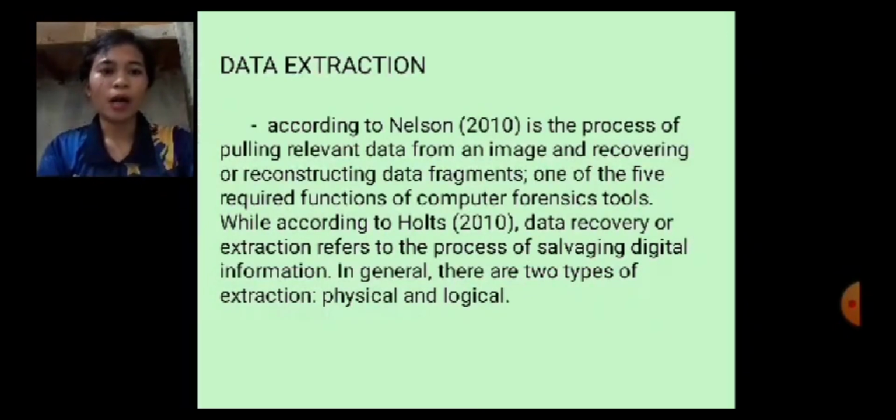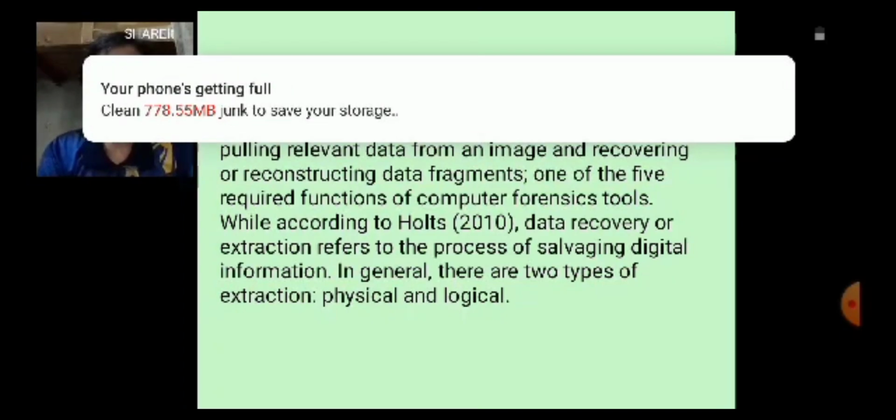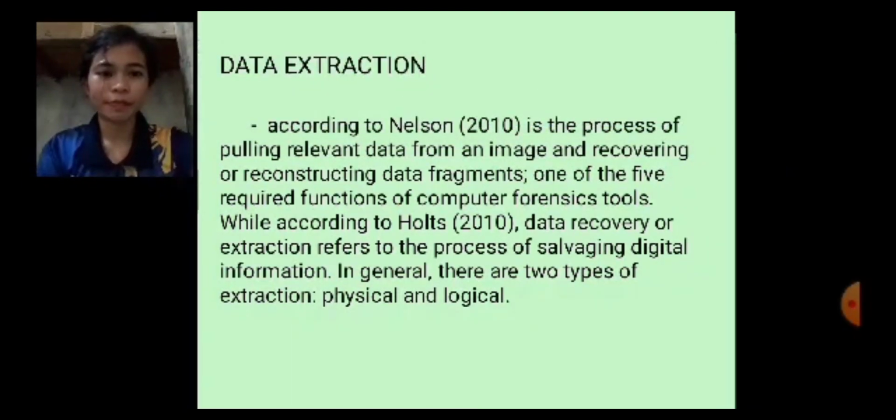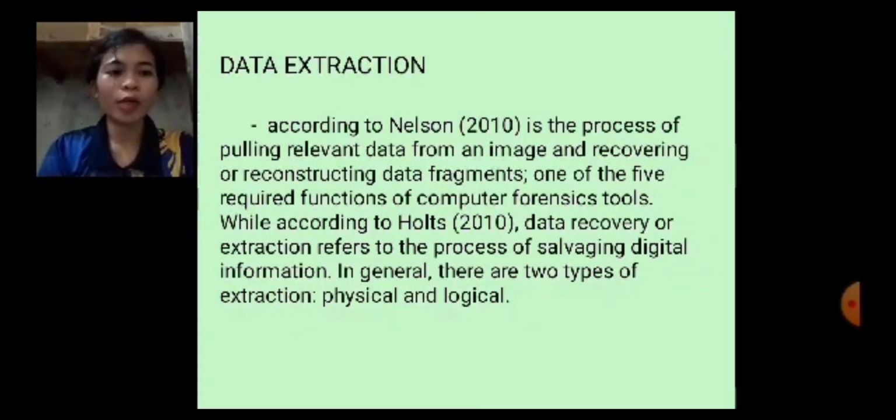Data extraction, according to Nelson 2018, is the process of pulling relevant data from an image and recovering or reconstructing data fragments, one of the 5 required functions of computer forensic tools, while according to Holtz 2010, data recovery or extraction refers to the process of salvaging digital information.